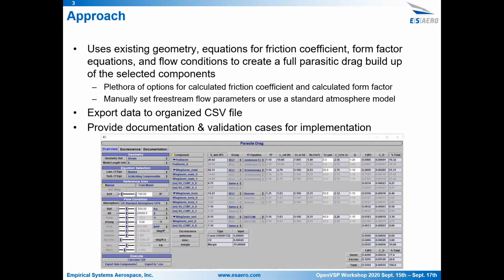It uses existing VSP geometry, friction coefficient equations, form factor equations, and flow conditions to get that overall buildup. We provide a good variety of those equations to allow users to select their favorite, or the one most applicable to their particular design case.